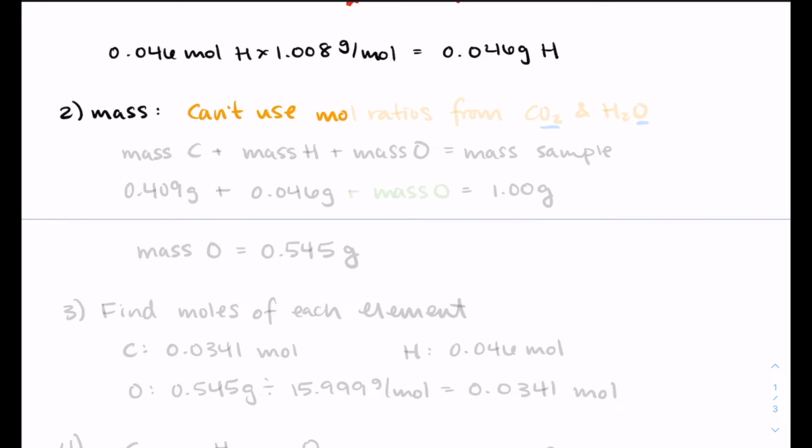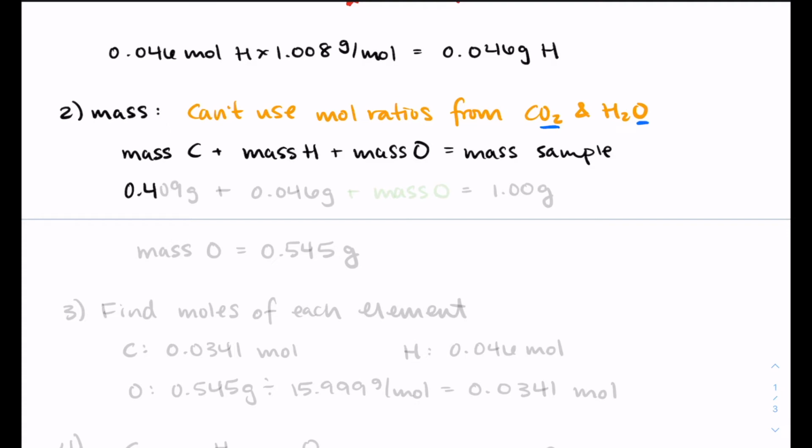So there's no way to tell which oxygens came from vitamin C and how many of them came from the carbon dioxide and water output. We do, however, know that our entire sample weighed 1 gram. And out of that 1 gram, we know that 0.409 grams was carbon and 0.046 grams were hydrogen. So anything that's left has to be the mass of oxygen. This means that our mass of oxygen is 0.545 grams.